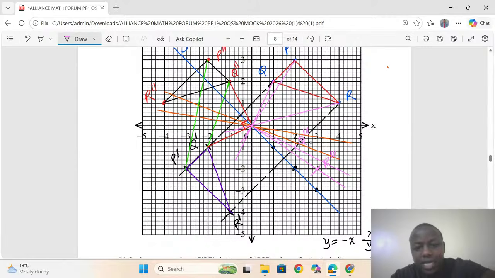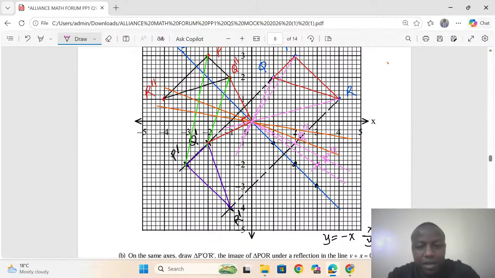Then I move through 90 in the clockwise direction, like that. Then I check an equal distance.